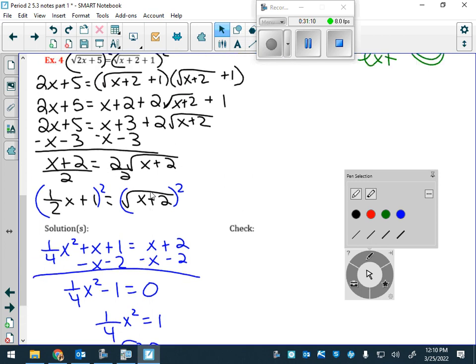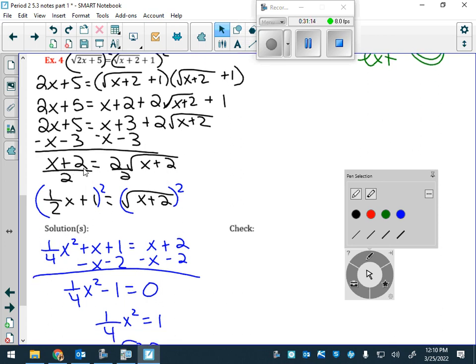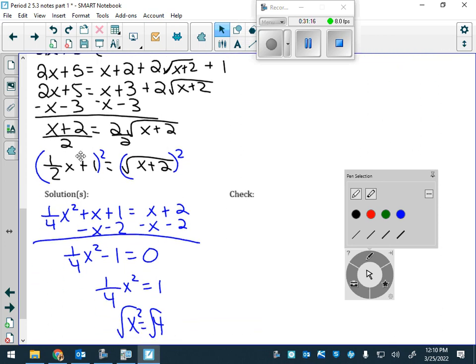Yeah, Tor. Wait, why would it be like x over 2? So we're getting there. Okay. So before this division, you had x plus 2 equals 2 times the square root of x plus 2. Okay. Then you have to divide by 2, right, to get the radical by itself. This is one way.